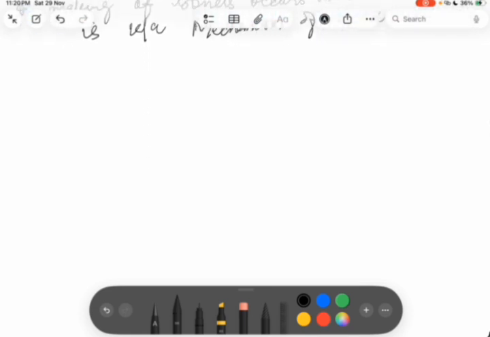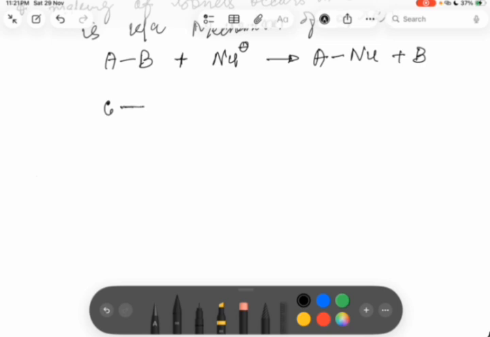Dear students, nucleophilic substitution reactions simply involve replacement of an atom or a group of atoms by an electron-rich species which is termed as nucleophile to form our product. Since we will be restricting our discussion to organic reactions, I will replace this A by carbon atom, and since B here acts as a leaving group, I will denote it by Lg.